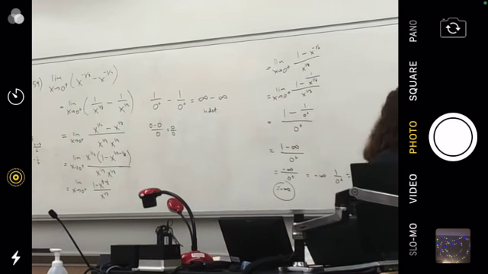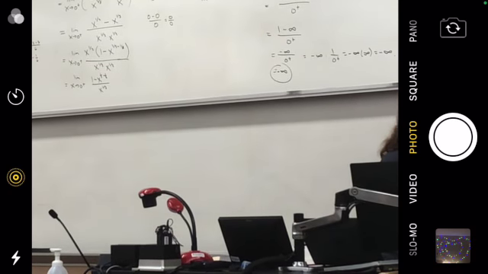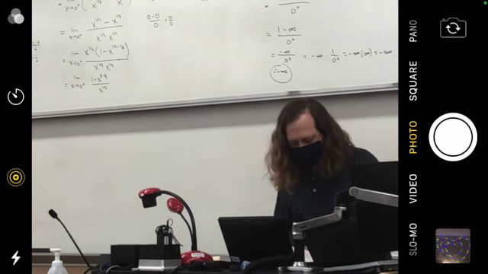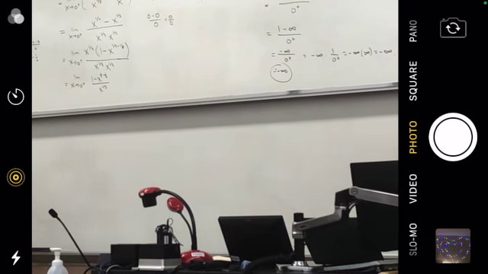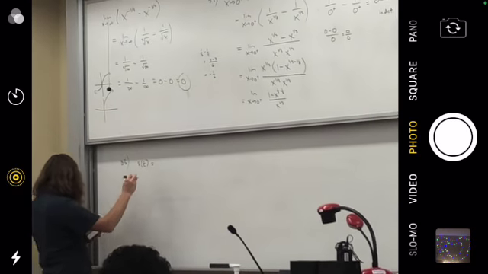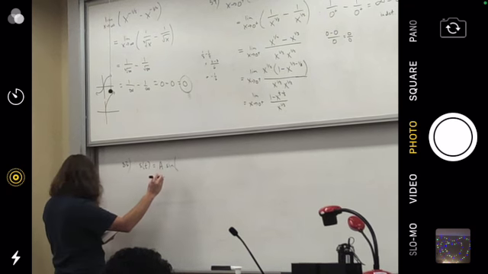Alright, there's another one I wanted to mention. I had a few students ask me about number 83. So we're given a model where it says everything looks like this equation.